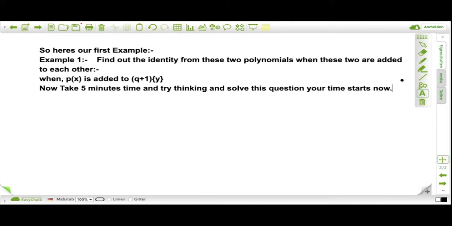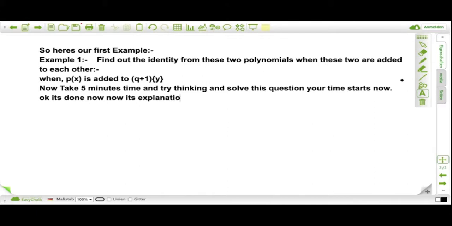Now that becomes q squared plus 2q plus 1. Hence the answer for your identity will be p squared plus q squared plus 2q plus 1. Now hope you understood this problem.